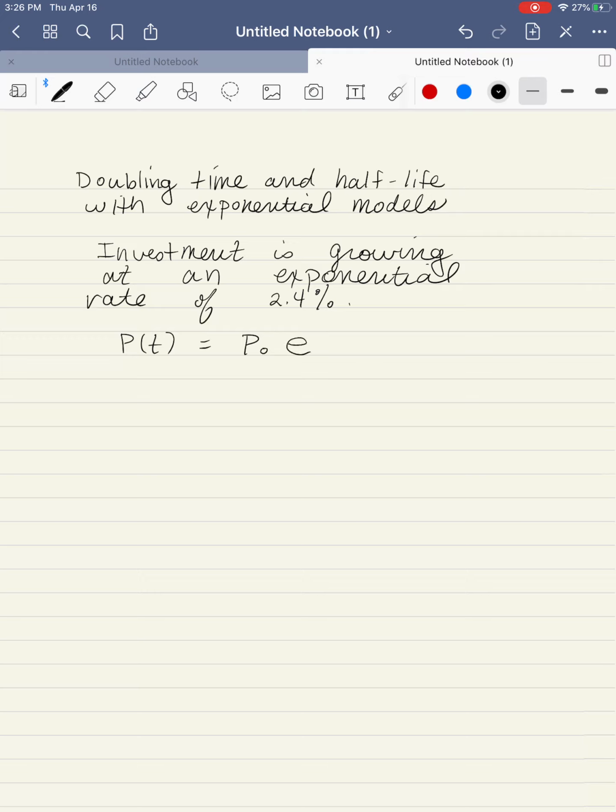So if we write our model, that tells me that P of t equals the initial amount, P sub 0, e to my growth rate, 0.024 t. And it is growing, so that's a positive growth rate, 0.024 t. And I know it's exponential, so I know that this is the form my function will take.